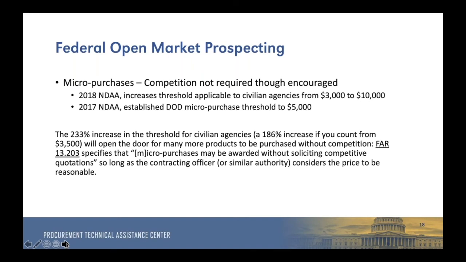And I talked, a few years ago, to the small business liaison person at Offutt. He told me that Offutt buys on the credit card on average over $30 million a year in purchases.